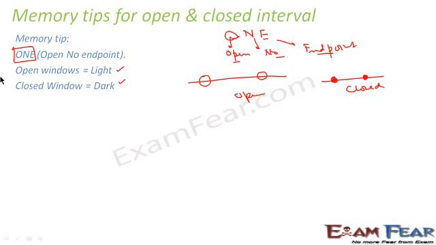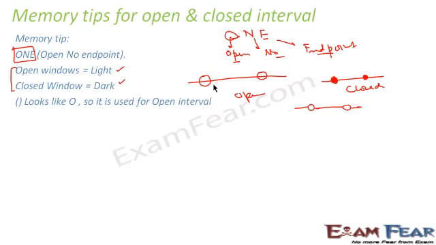It's very easy to remember. When you open windows, you get light, so this dot is light. And when you close all your windows, you get darkness, so this dot is dark. If it is dark, it is closed. If it is light, it is open. And open has no endpoints. O-N-E, no endpoints, so endpoints are not included in open.